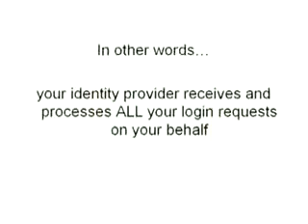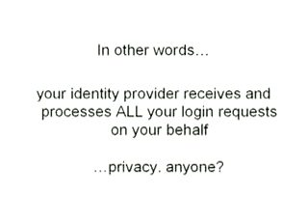However, if you think about it the other way, what actually happens is that your identity provider, myopenid.com, sees and processes every single request. So you go to jai.com, MyOpenID sees this. You go to bank.com, it sees it again. You go to amazon.com, it sees it again. What does that mean? It means you have no privacy, or rather, you're trusting your identity provider, in this case myopenid.com, to not do anything with this information.